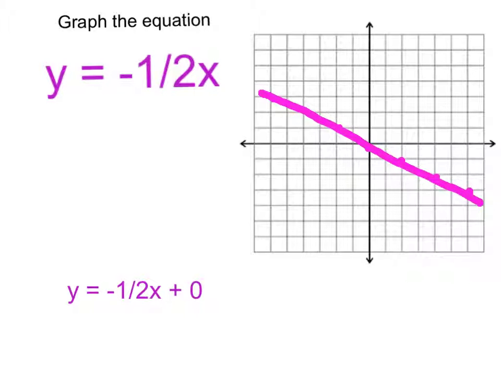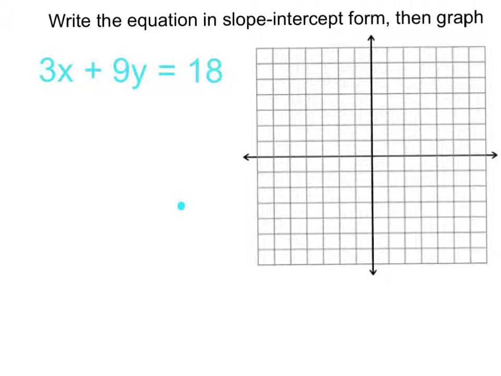And then we're done. This equation isn't in slope-intercept form, therefore we can't graph it yet. We have to change it to slope-intercept form. To do that, we have to get the y variable alone.